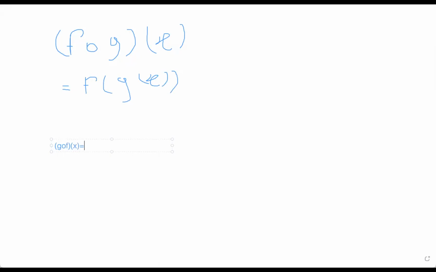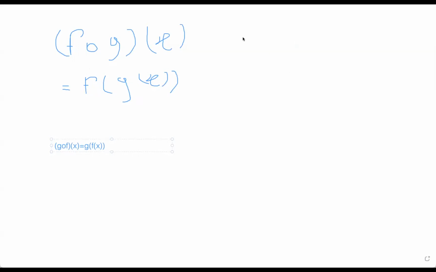What will it be like? g of f of x. What I have written here is, when f composite g is there, then f of g of x will be there. When g composite f is there, then g of f of x will be there. Getting it? Whatever function comes first, that will be applied to the second.